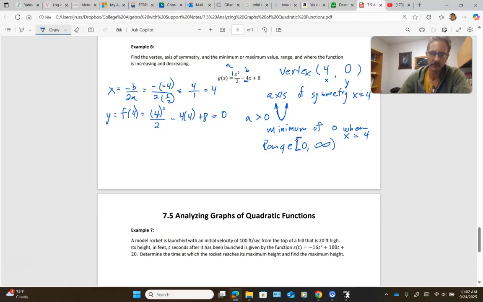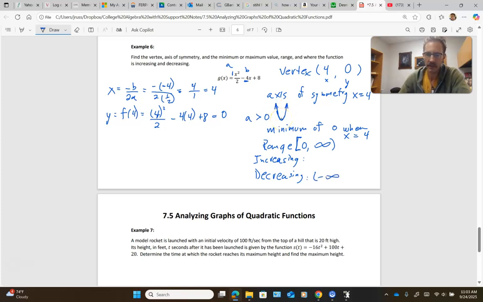Now, finally, the intervals over where this function is increasing and decreasing. And then we will take a look at the graph just to confirm. Well, again, look at the orientation. It's decreasing first, and then it's increasing second. Okay, so I'll do decreasing first.